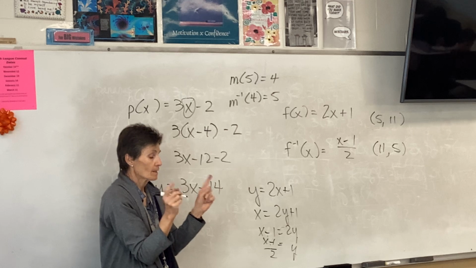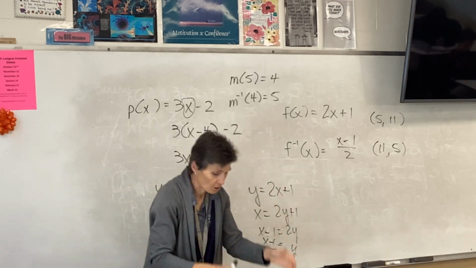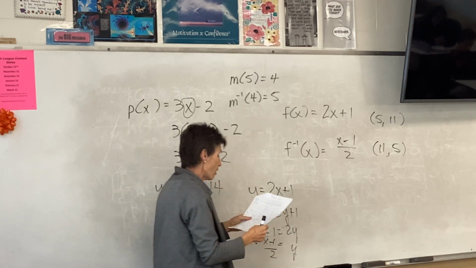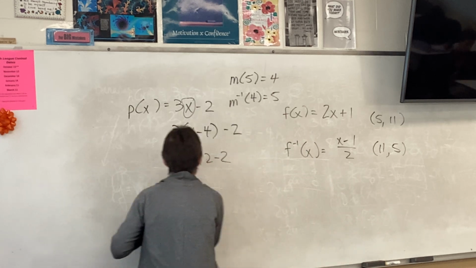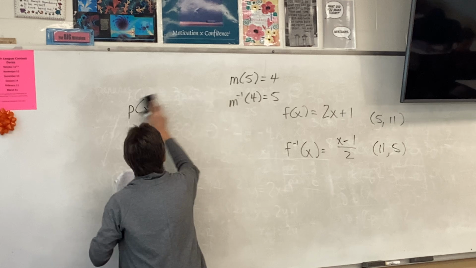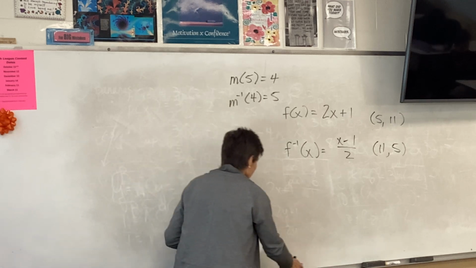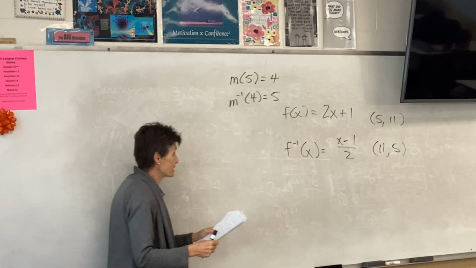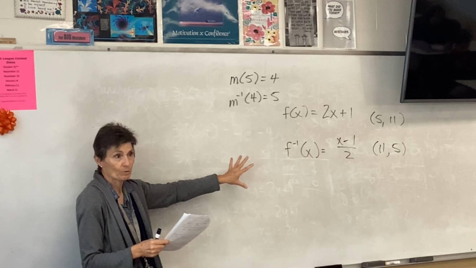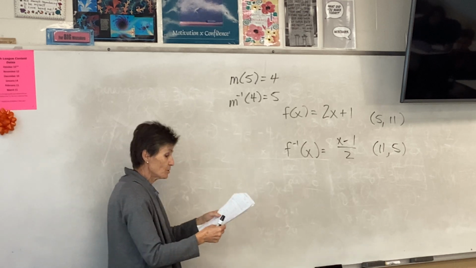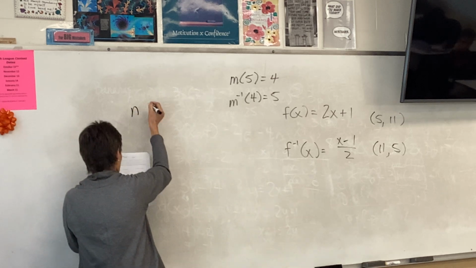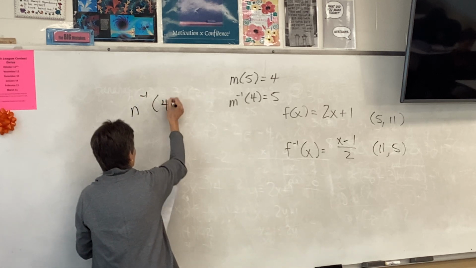Okay? All right, so with that knowledge in our brain, let's look at problem 2C. Where are we at? We are on our homework. Problem 2C. Now, that was just background to remind you what it means to be inverses. Because problem 2C says, find n inverse of 4.